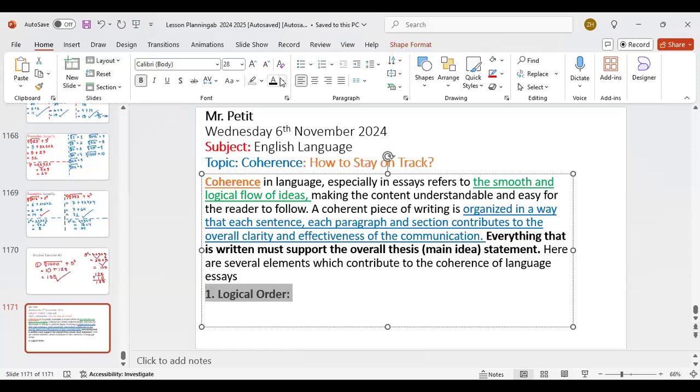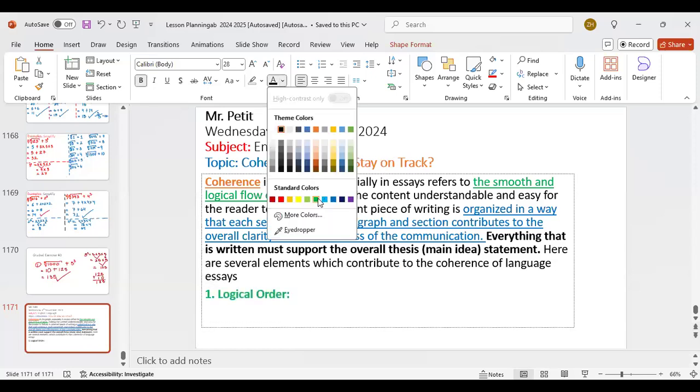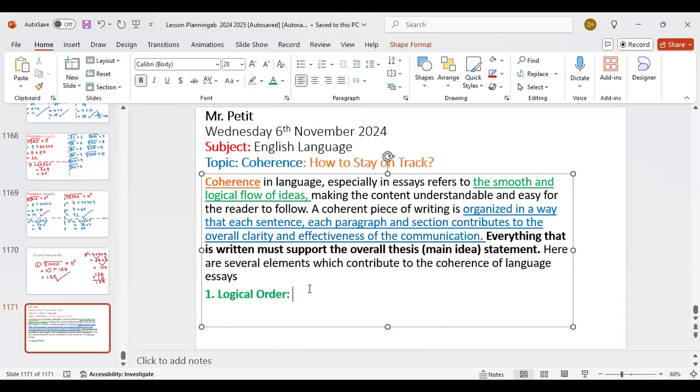It means that when someone reads it, it must make sense, right? You could either do it chronologically. So if you're talking about the history of the Bahamas, you might talk about it chronologically, or you might just emphasize or highlight main significant events, or you might just do it in terms of themes, right? But it has to have an order. Whatever order you pick, it doesn't matter. Chronological, thematic, or in order of significance, it doesn't matter.